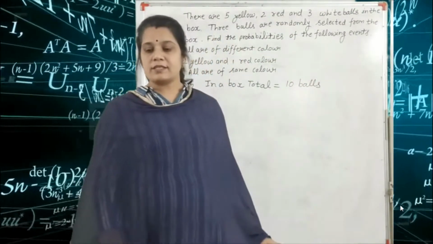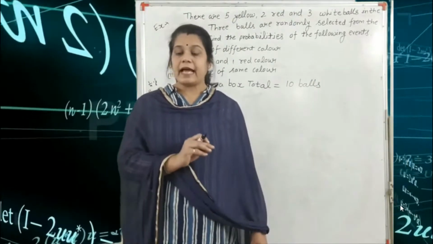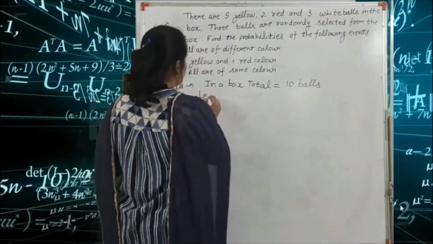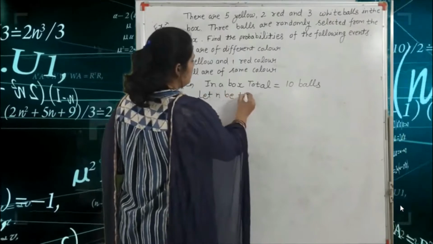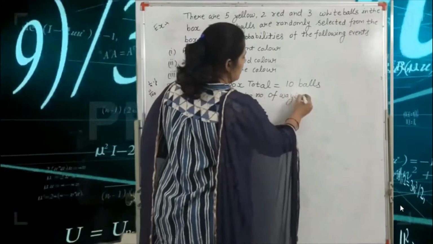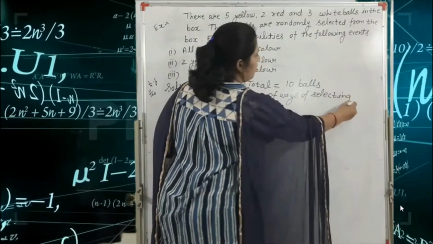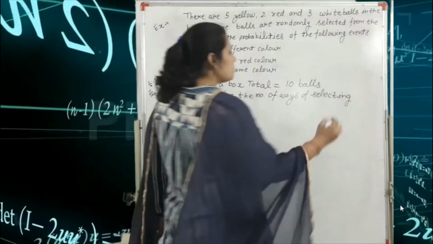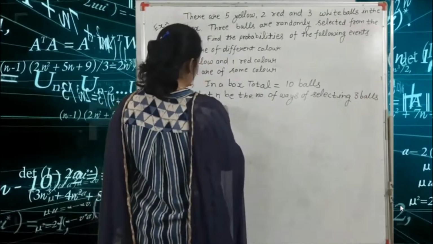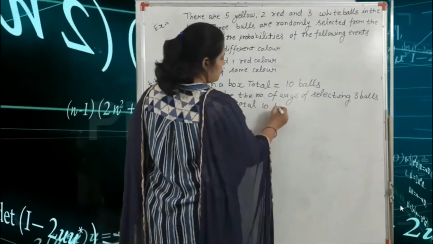In a box there are a total of 10 balls, and let n be the number of ways of selecting 3 balls out of total 10 balls.